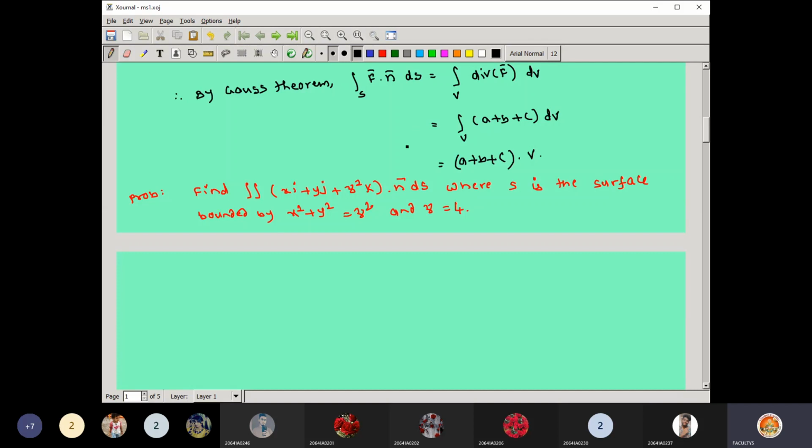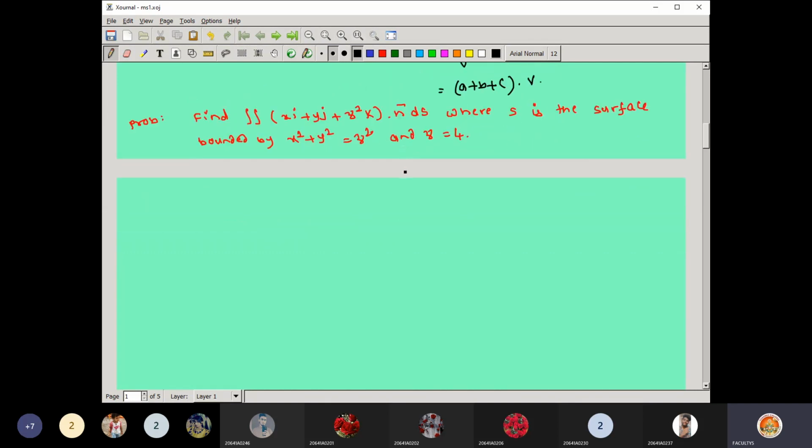Are they giving the left side integral or the right side integral in your Gauss theorem? They have given the left side. They are asking to calculate the left side integral, but we are going to move to the right side integral. Before that, we need to compare with the given integral to identify your f bar. Once you know f bar, you can directly use the right side integral.